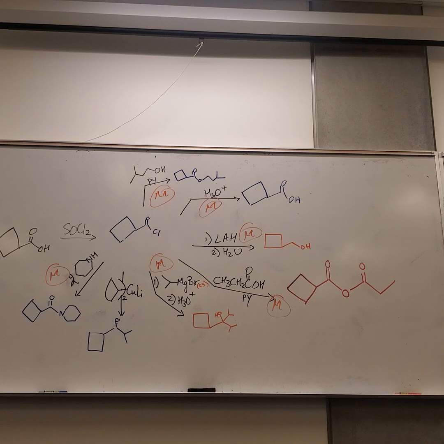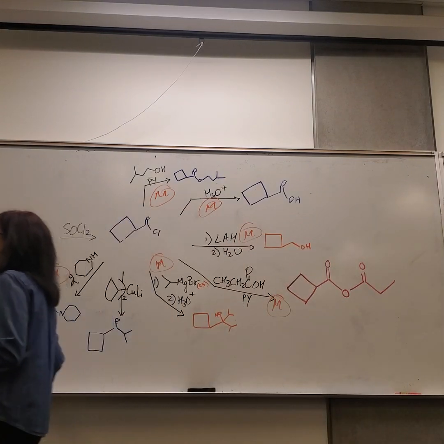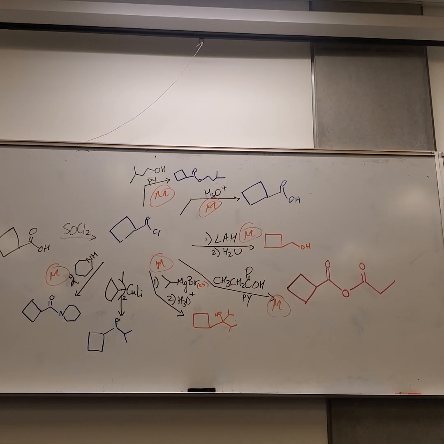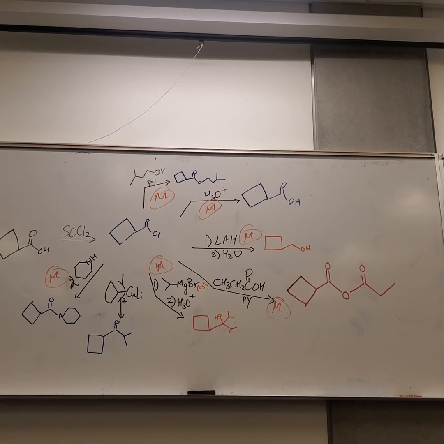Okay, so let's talk about the next family of compounds. Now that you've understood this basic idea, you will notice everything else is exactly the same. The next family is acid anhydrides, which is the next one in reactivity.